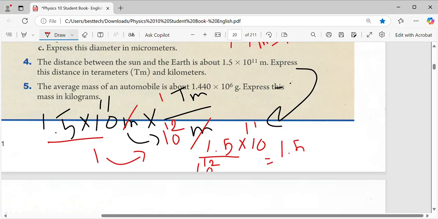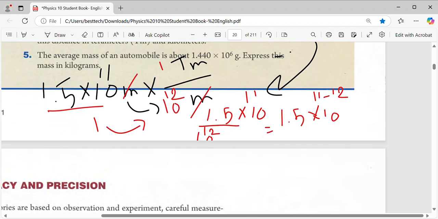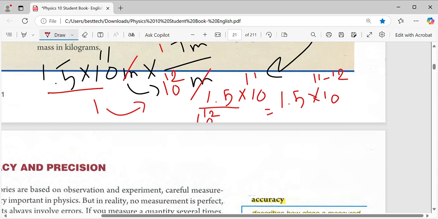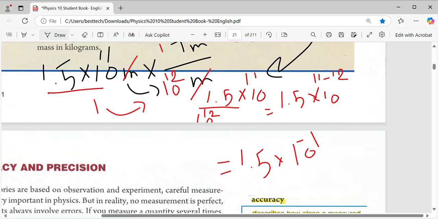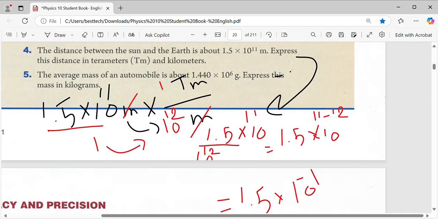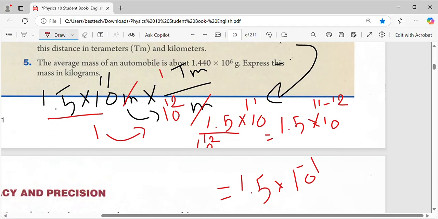Write 1.5 times and write down 1 times the base. We subtract the powers, the up with the down: 11 minus 12 is negative 1. The answer is 1.5 times 10 power negative 1 tetrameter.